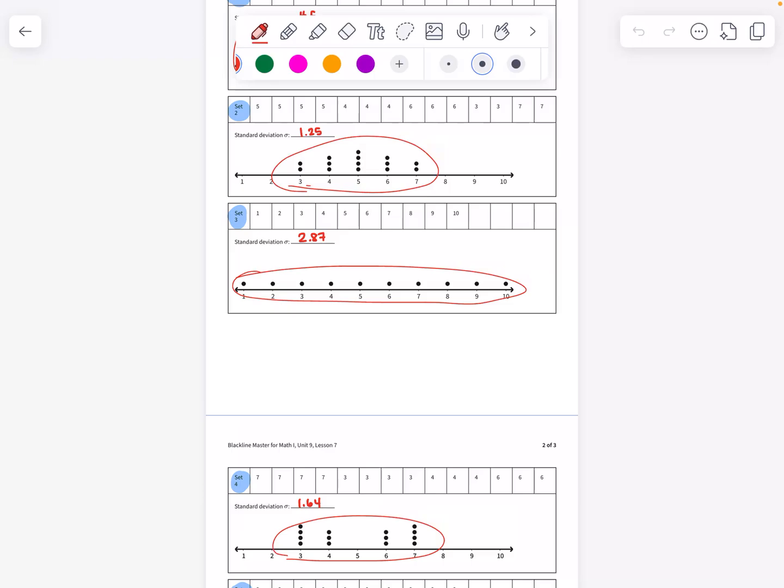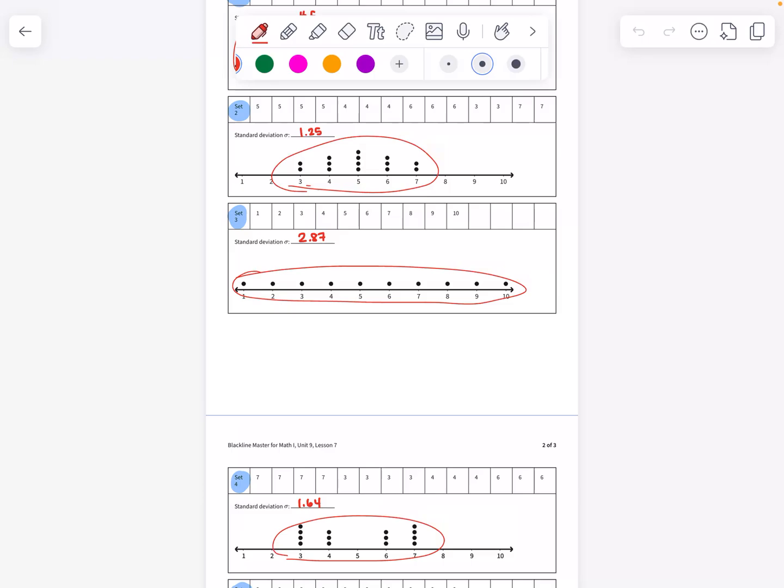I feel like 4 is more kind of like bimodal, right? It's got really high amount of data on the edges, but in the middle it goes down and there's no data at 5. Okay, so that makes sense that this would have a higher standard deviation because of that gap in the middle. That's what I'm thinking. And the data is farther from the center.